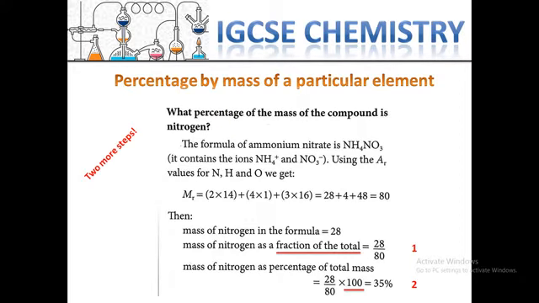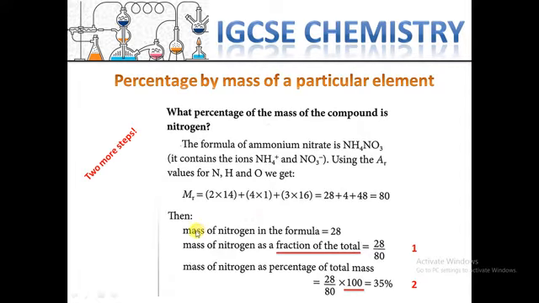Here, for example, if we want to get the percentage of nitrogen, first of all, same as the previous one, we calculate the total relative molecular mass. Here the example is ammonium nitrate, and the total relative molecular mass is 80.